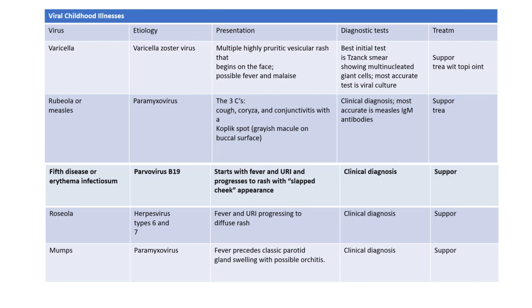The second one is rubeola or measles. It's caused by paramyxovirus and presents with the 3 C's: cough, coryza, and conjunctivitis, and so-called Koplik spot, K-O-P-L-I-K spot, which is basically a grayish macule on the buccal mucosa.